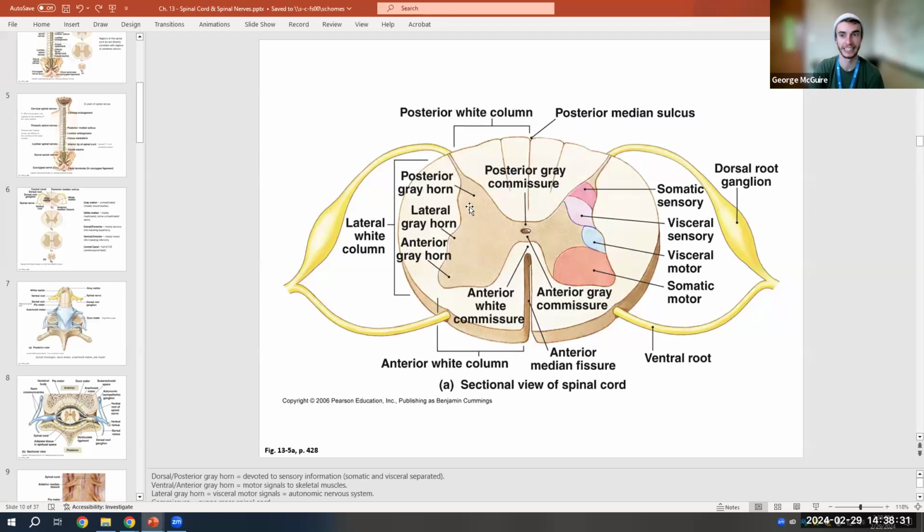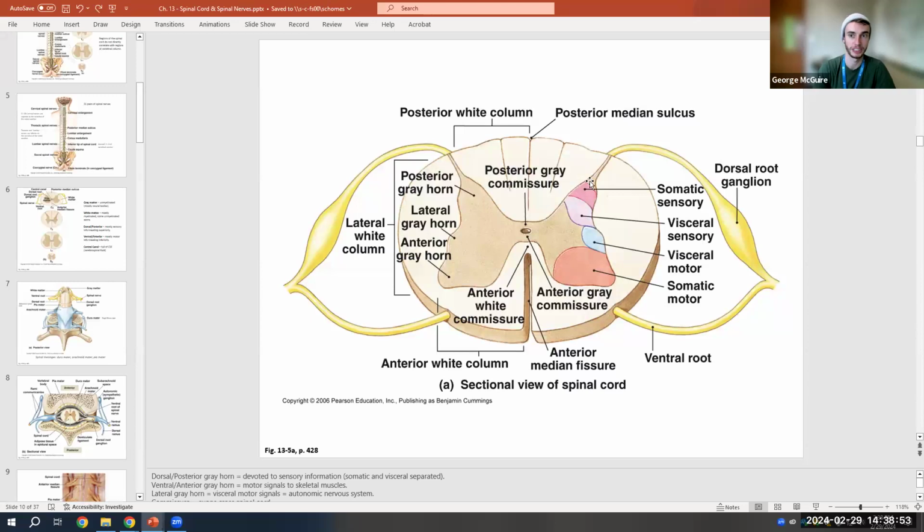Each of these contains groups of neurons that respond to different types of information. So we have somatic sensory neurons, responding to information from our external environment.